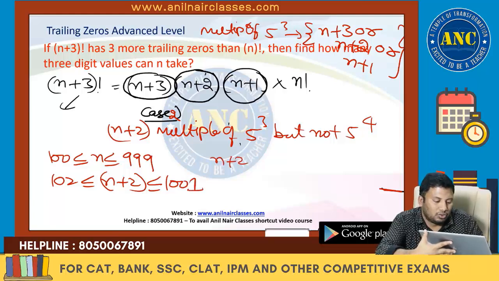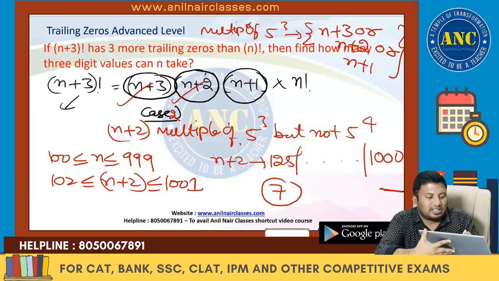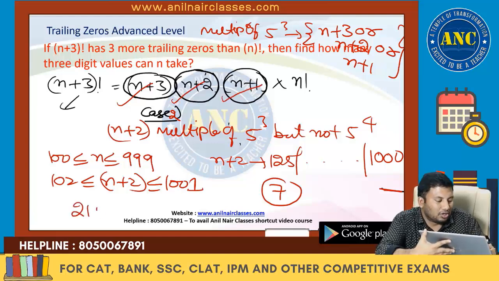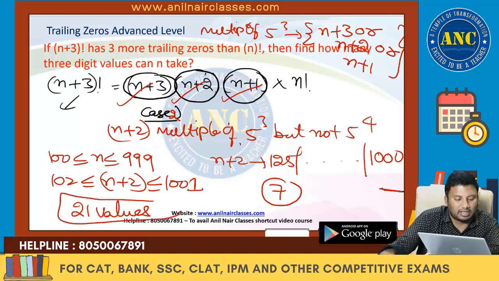So n plus 2 can take all the values 125 to 1000. 8 minus 1, 7 cases. Here 7 cases, here 7 cases, here 7 cases. Total how many values will I get? 21 values you will get. I hope the idea is crystal clear to you. Everybody kindly reply if this idea is crystal clear to you.